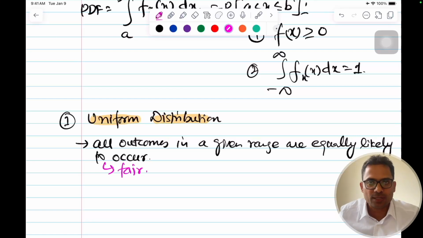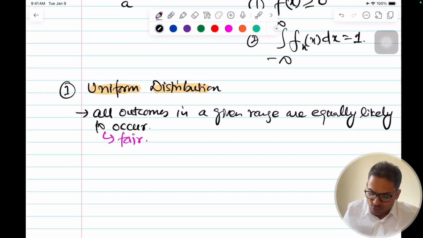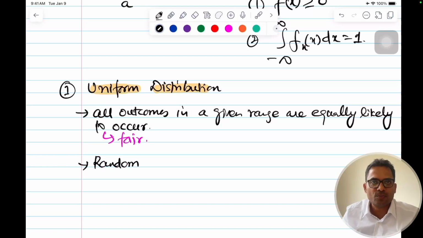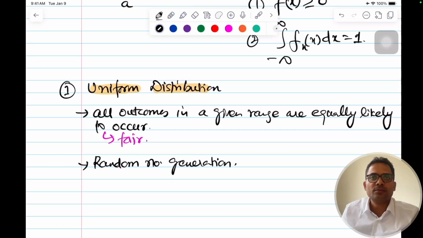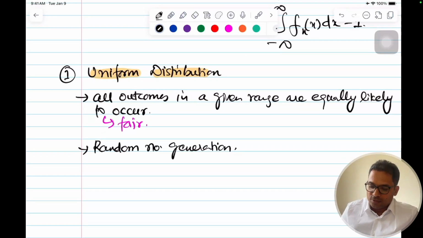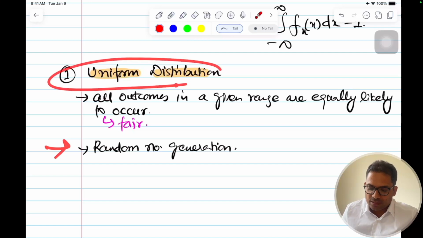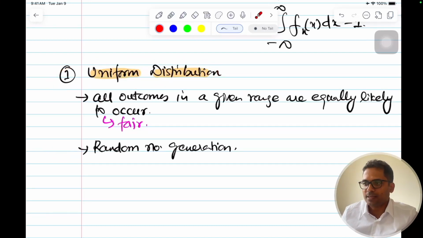Everyone gets an equal opportunity. The most common use is random number generation, where we want every number to be equally probable. So random number generation is the most useful application of uniform distribution. Okay, that's the practical thing.